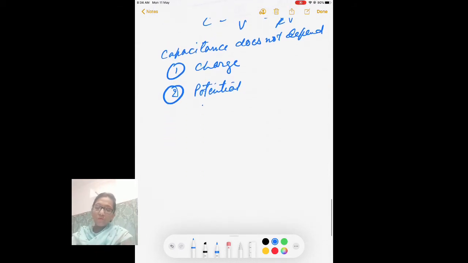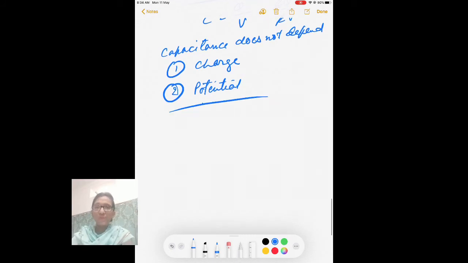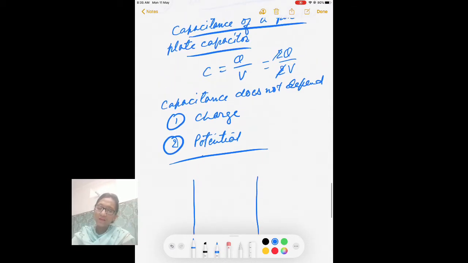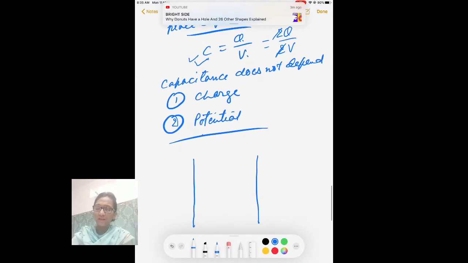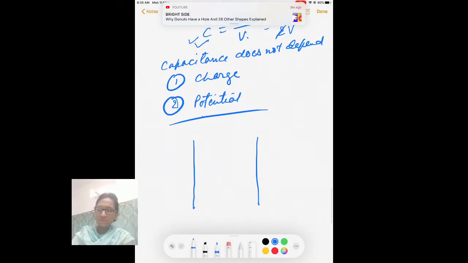Okay, now we will find the capacitance of a parallel plate capacitor. So we have parallel plates, and for finding capacity we need to have charge and we need to have potential. So we will assume a certain charge on one plate.